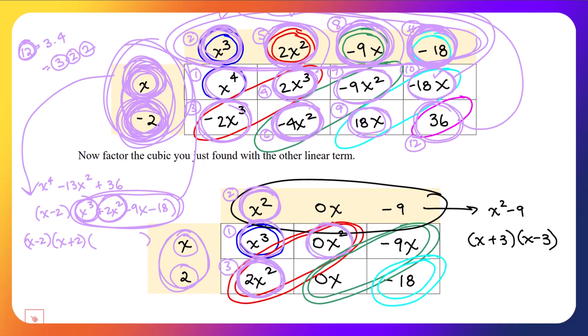So this needs to be a 0x squared. Step 4. To make that 0x squared from x, this has to be 0x. Step 5. And then 0x times 2 is still 0x. Step 6.